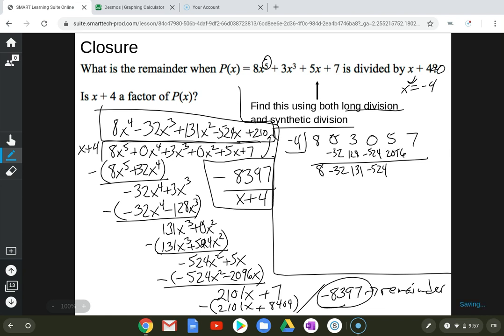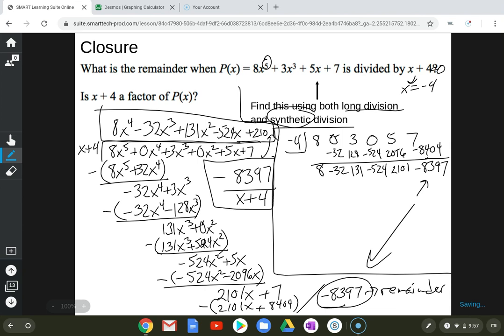Plus 5 is positive 2,101 times negative 4 is negative 8,404. And then when you add down, you end up with negative 8,397. So our synthetic division goes so much faster and takes a lot less space. And there's our same remainder of negative 8,397.